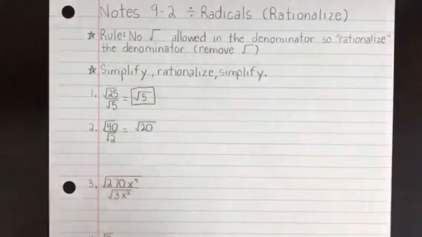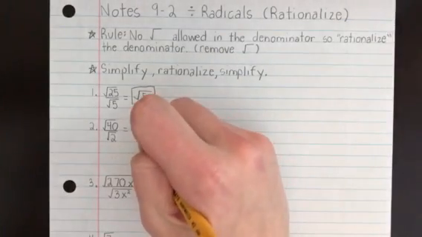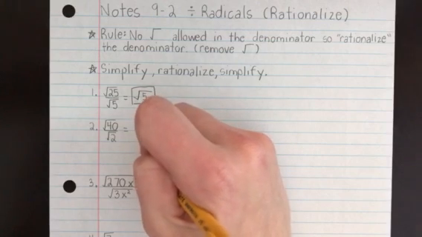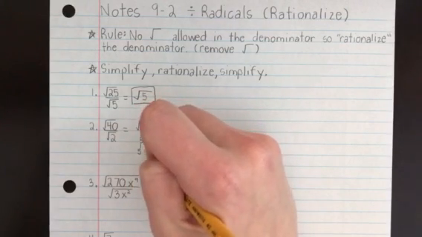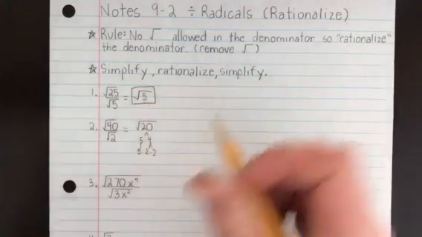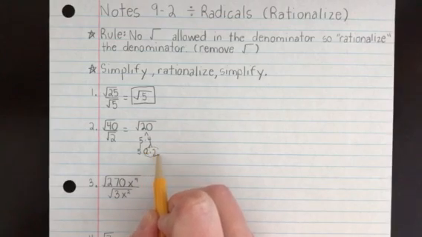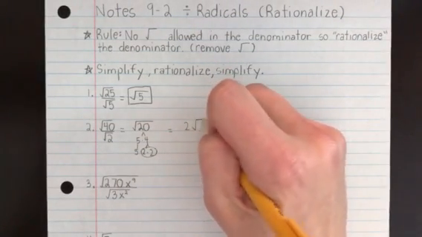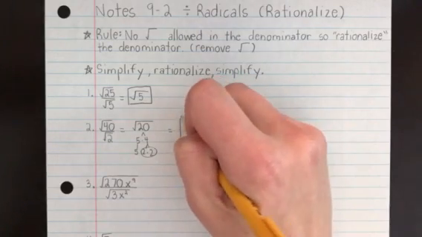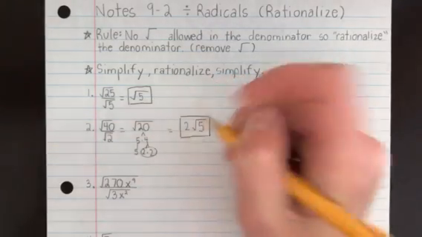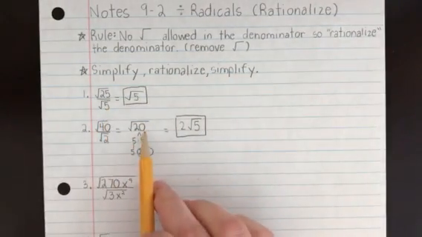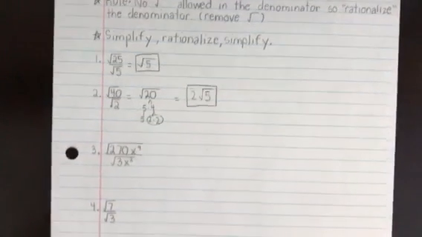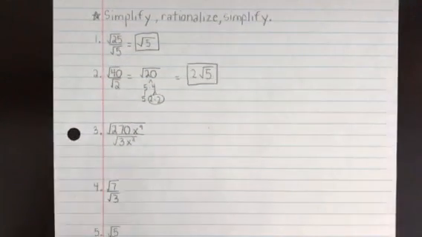And then I can simplify a little bit further. 20 breaks up to 5 and 4. 5 doesn't break up, I drag it down. 4 is 2 times 2. I'm looking for sets of 2, so circle my 2's. So my final answer for this would be 2 square root of 5. No rationalization has been necessary yet because I've gotten rid of the radical in the denominator. Let's keep going and see if that stays true.